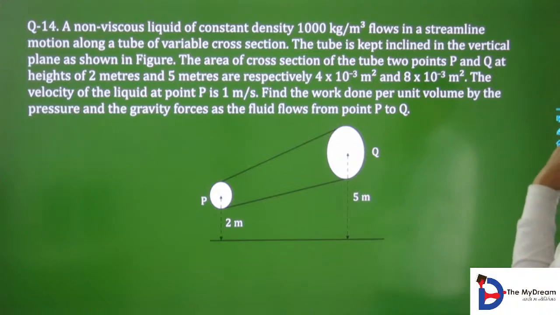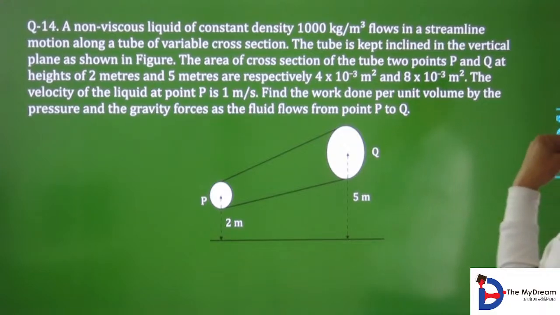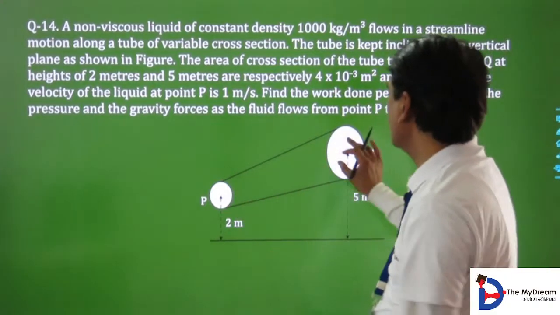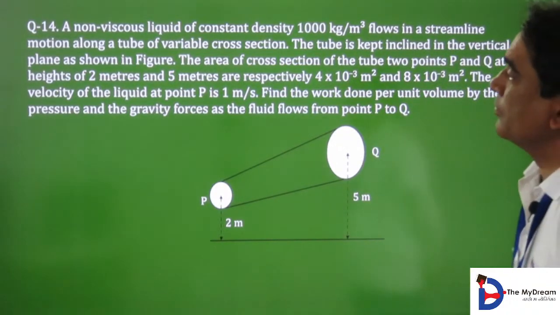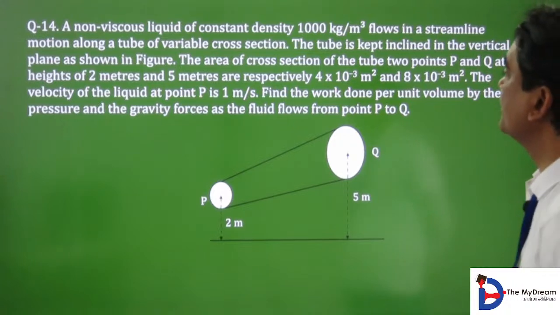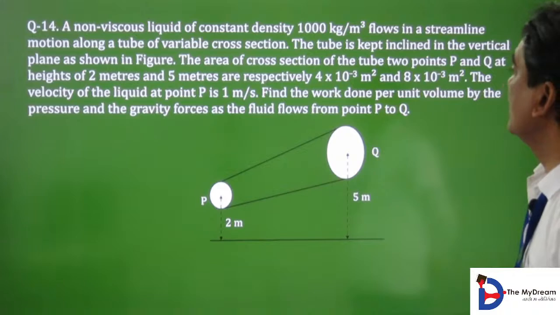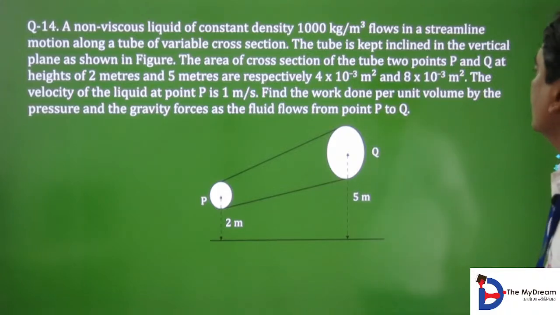The area of cross section of the tube at 2 points P and Q. There is a point P and this is Q. At the height of 2 meter and 5 meter respectively, these areas are given.